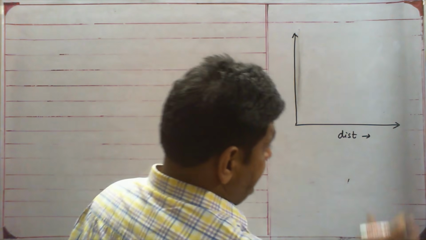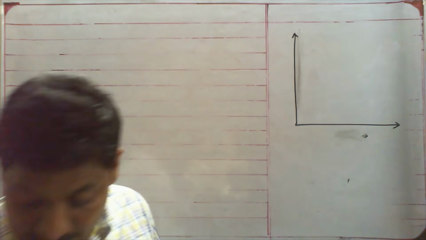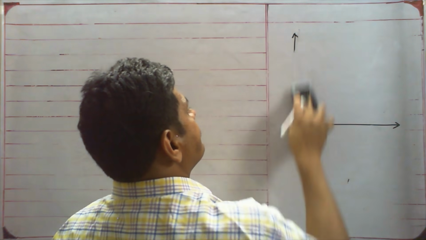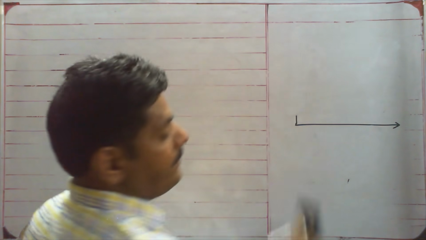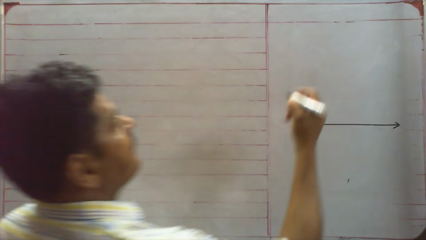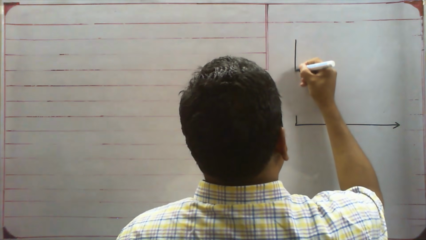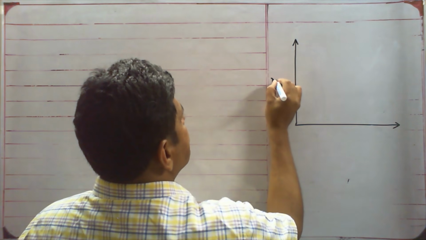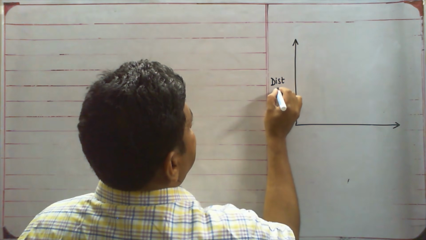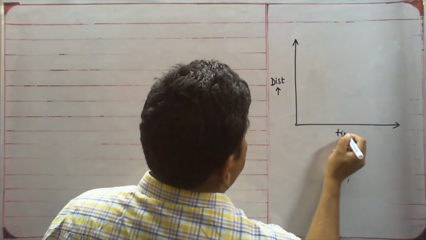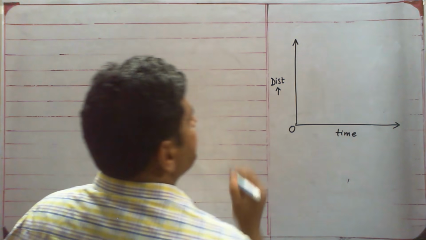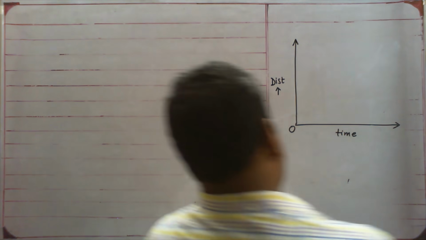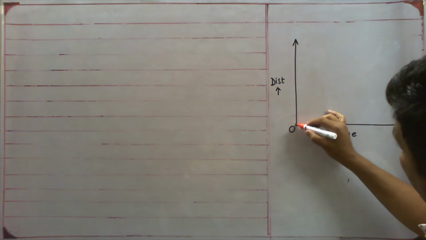Sorry, this is the time. This is distance. This is time. This is the origin O. We have got a graph. Let us say this is the graph.